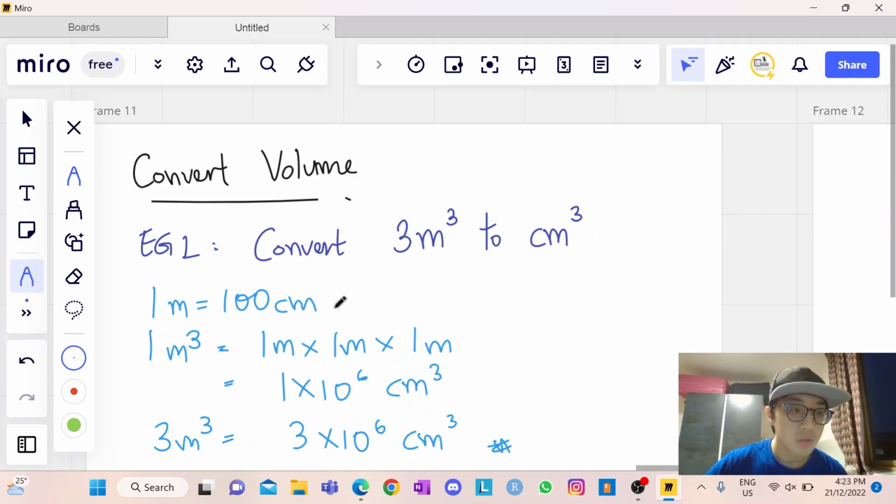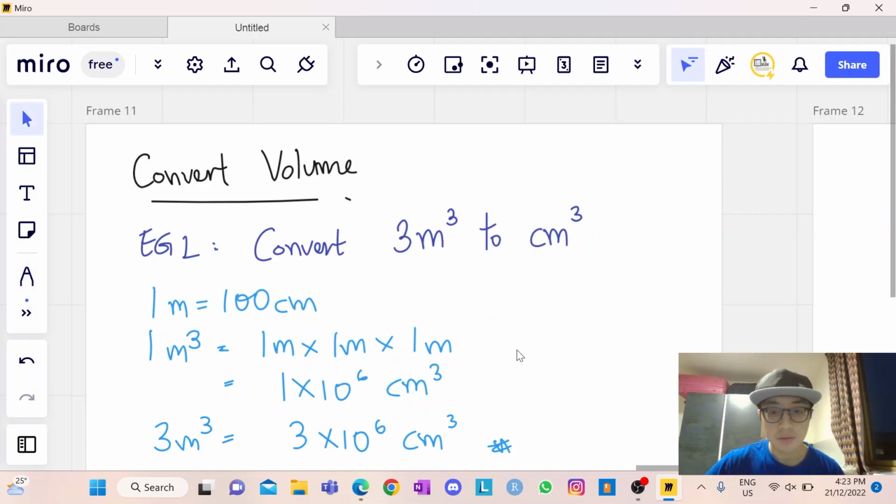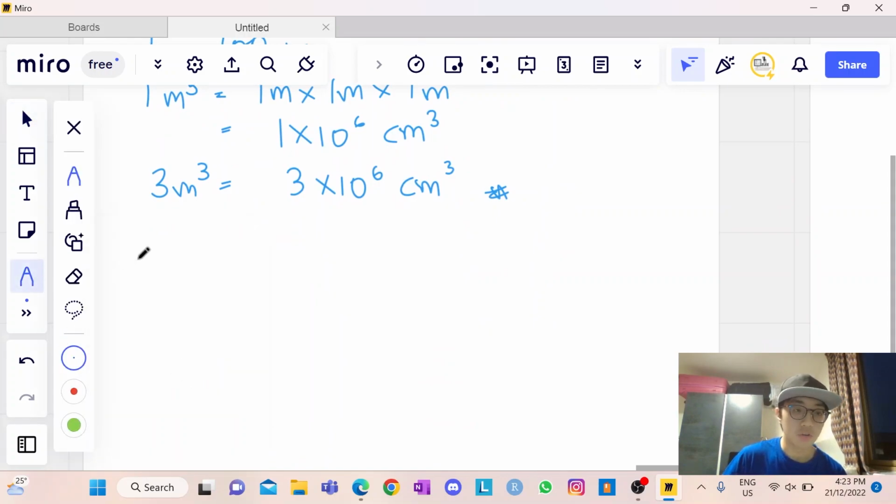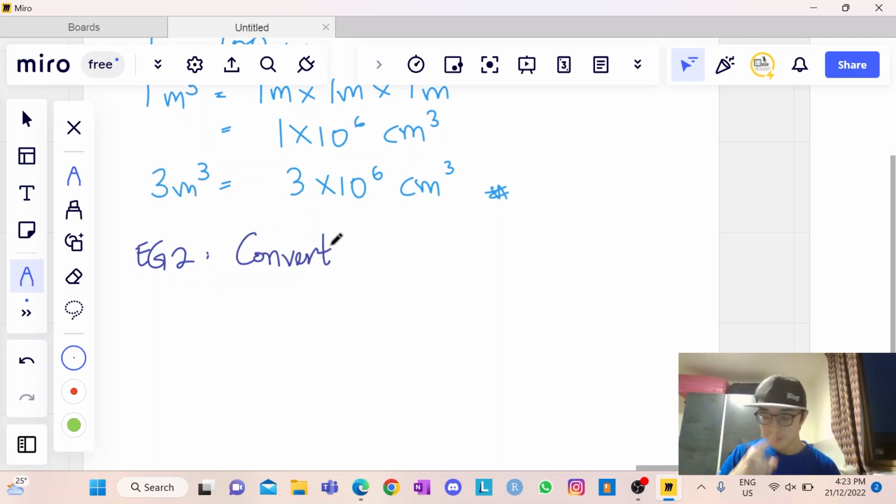Okay, so same thing. I'm going to give you another example. So you might want to pause this video and try it out yourself before continuing. Example number 2. Let's say we have not tried millimeters, right? So we will convert 2.5 meter cube to millimeters cube.